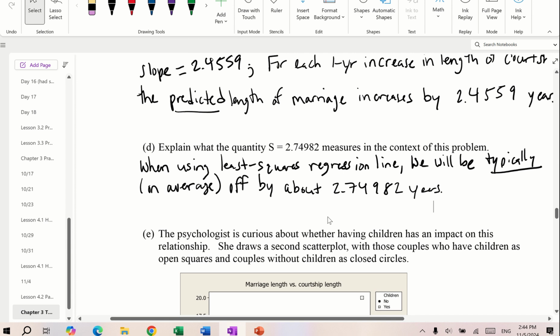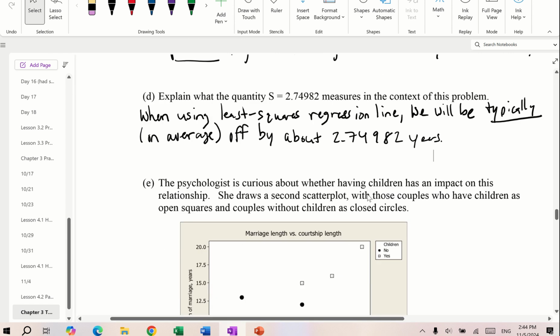So on average, our prediction is off by about 2.74982 years.